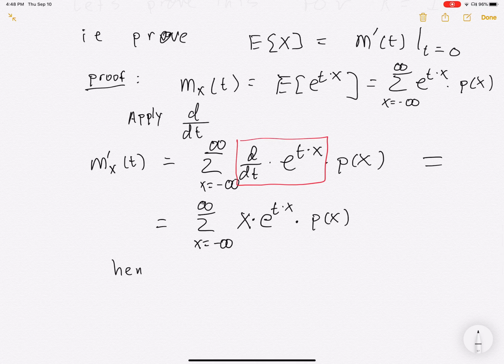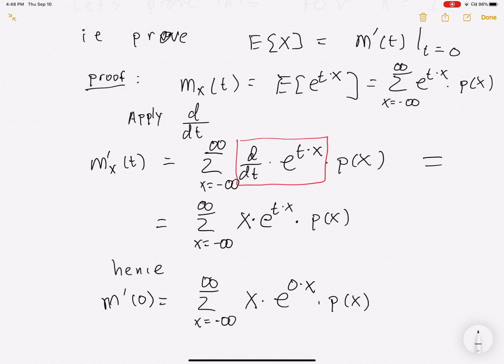Hence, the derivative at 0, meaning plug in t equals 0, of x times e to the t times x times p of x.